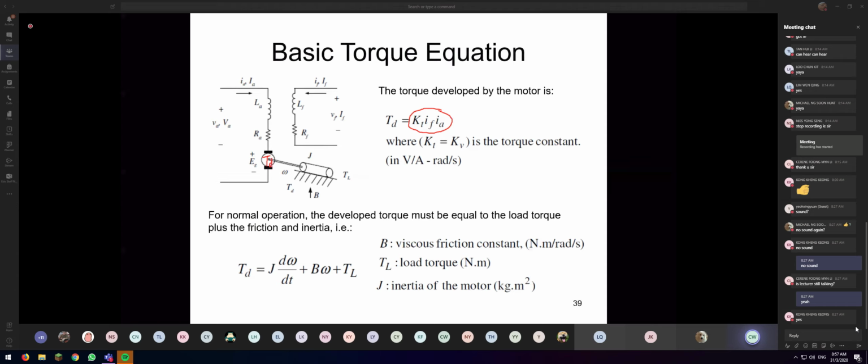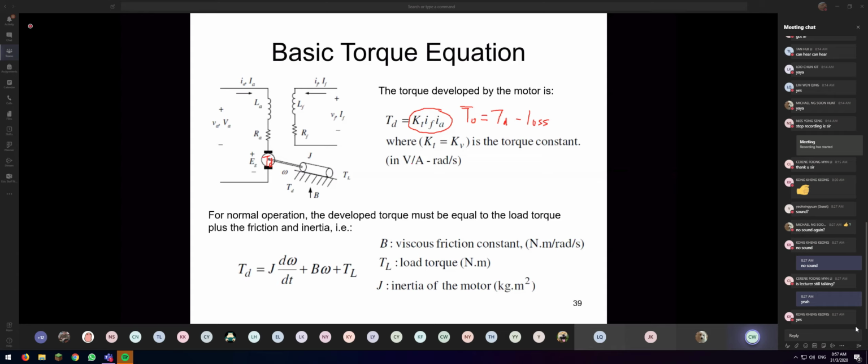It's not the output torque, because the output torque is actually the developed torque minus the losses. The loss may happen at your bearing at the load side, so you need to consider the loss before you can find out your actual output torque.